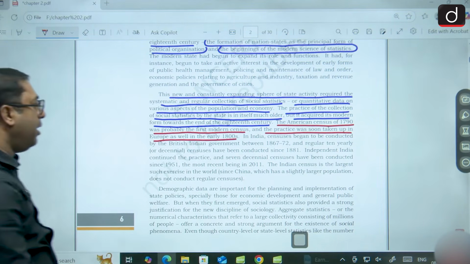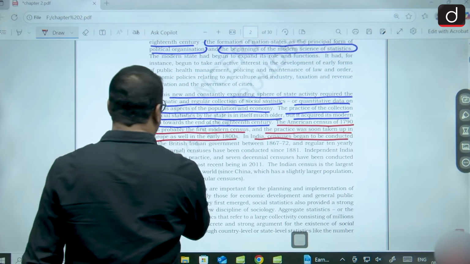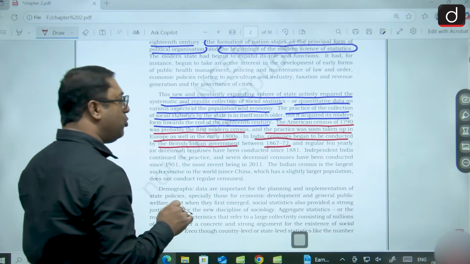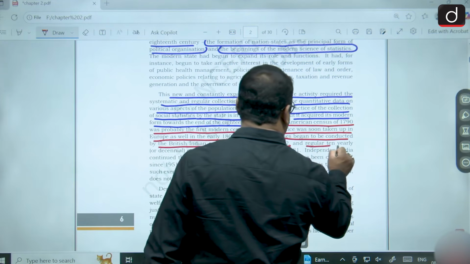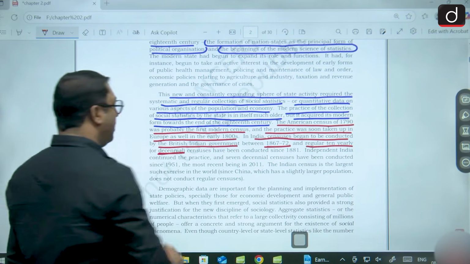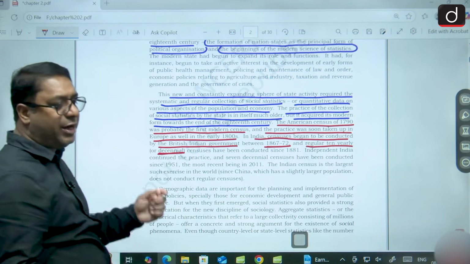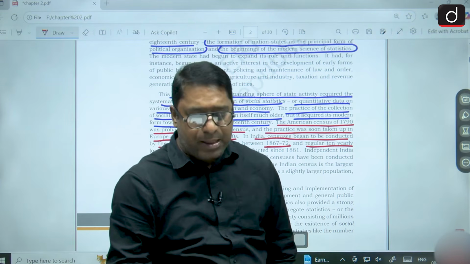In India, the first census was conducted by the British Indian government, 1867 to 72, and after that, every regular 10 years is called decennial. Remember, when a census is conducted after every 10 years, it is called decennial.